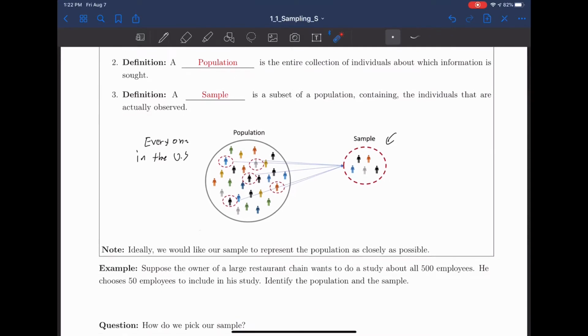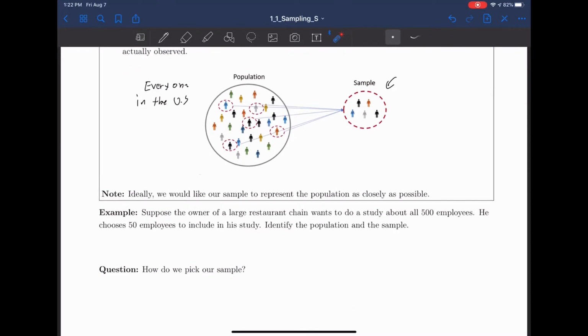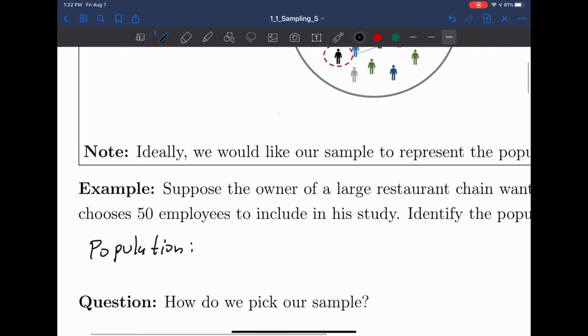So let's do some examples. Suppose an owner of a large restaurant chain wants to do a study about all 500 employees. He chooses 50 employees to include in the study. The goal is to identify what is our population and what is our sample.